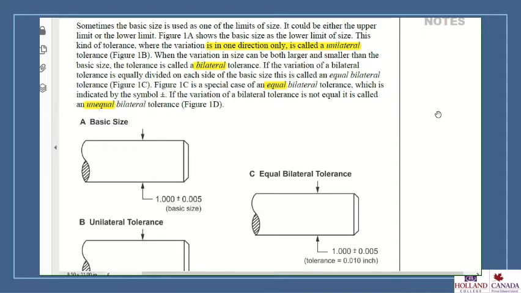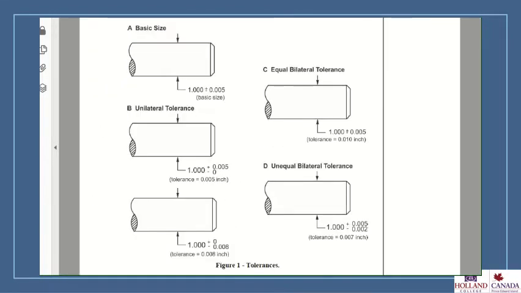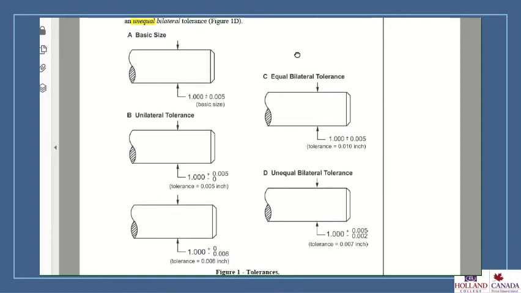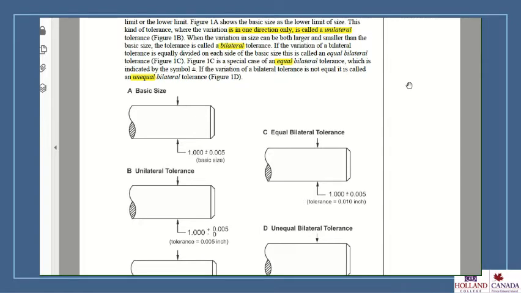Sometimes the basic size is used as one of the limits of size. It could be either the upper limit or the lower limit. Figure 1A shows the basic size as the lower limit of size. This kind of tolerance, where the variation is in one direction only, is called a unilateral tolerance.